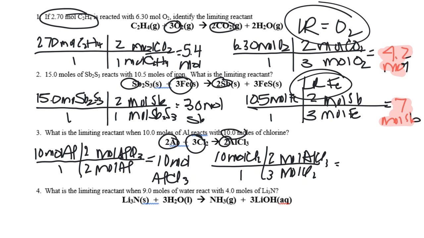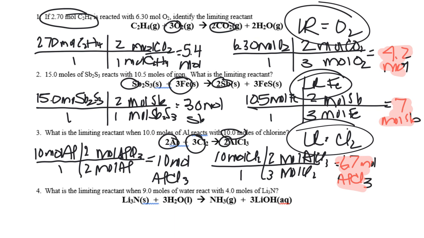And so if all of the chlorine is used up, I get 6.7 moles of aluminum chloride. That's my smaller number. So again, the smaller number is what determines what my limiting reactant is. So my limiting reactant here is chlorine.